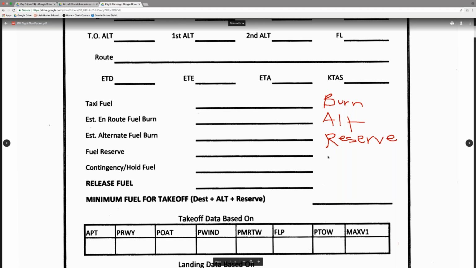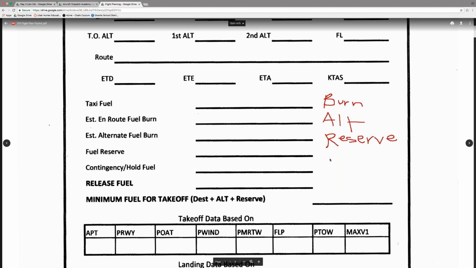So if we add any contingency fuel, like we're anticipating traffic delays, or we're anticipating for the aircraft to be held at some point in the route, whether that be at the destination or at the alternate, if there's a point where the aircraft is going to have to hold over an airport, we're going to add what we call hold fuel or contingency fuel.